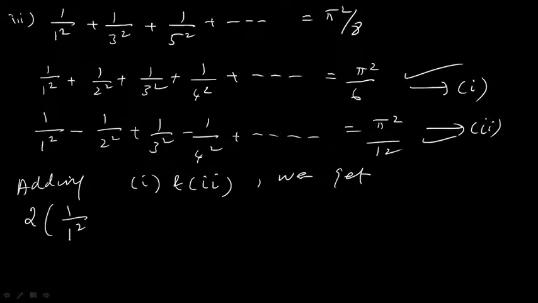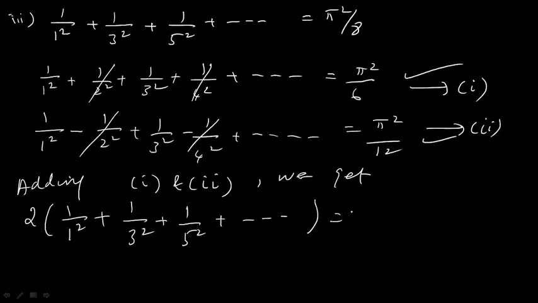I am just writing 2 as a common term, taking it outside. The second term, plus and minus, cancel. Coming to the third term, 1 by 3 square plus 1 by 3 square, you have 2 times, so I already took 2 as common. So 1 by 3 square. The next term, alternately, this is plus, this is minus, cancel. What is your next term? Plus 1 by 5 square, isn't it? Plus etc.